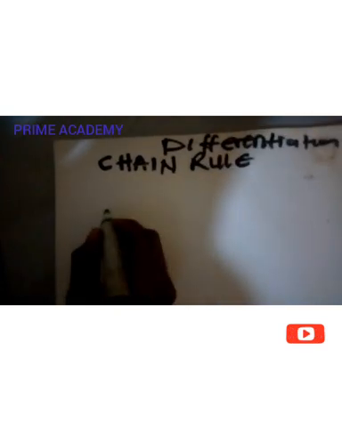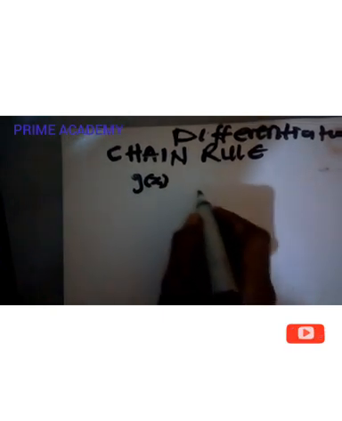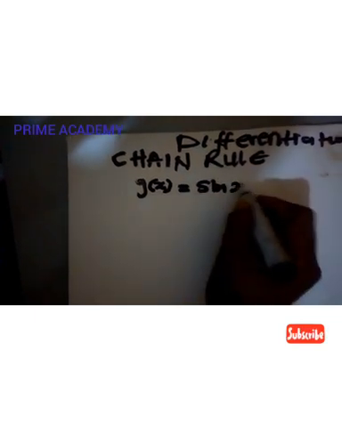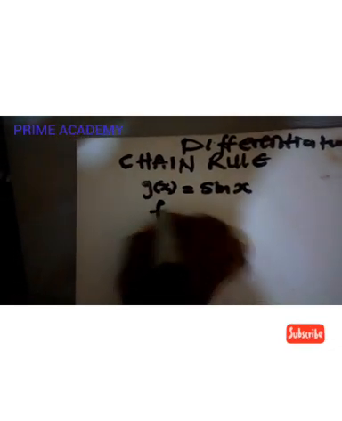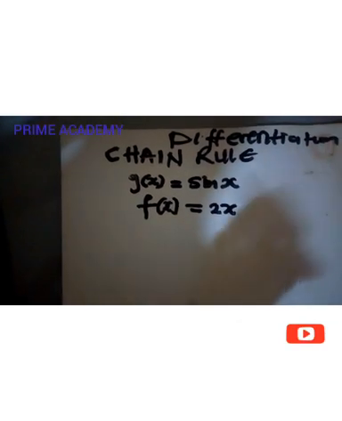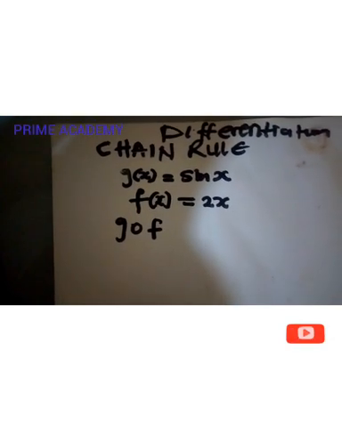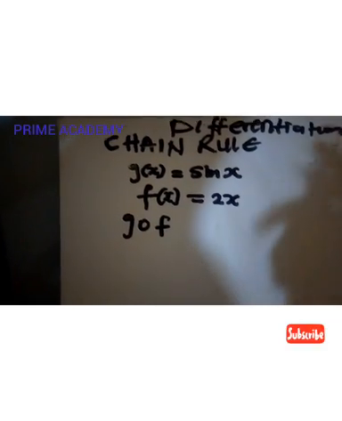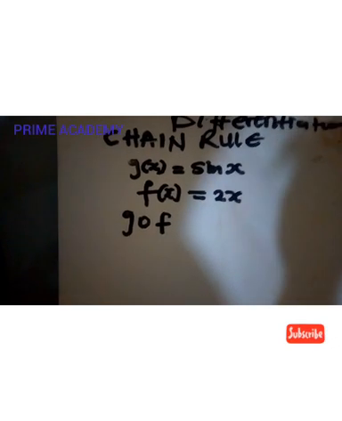Let's take an example. Say we have a function g of x equals sine x, and we have another function f of x equals 2x. Then g composite f simply means wherever you find x in g, you replace it with f.